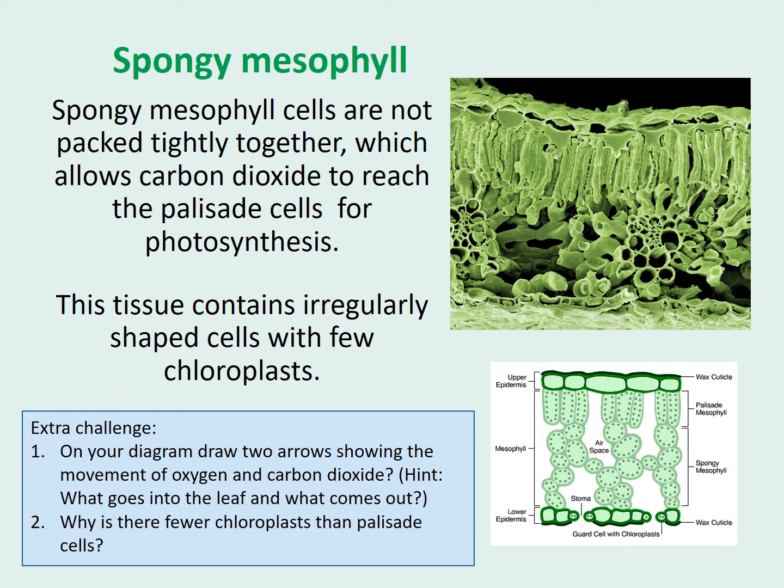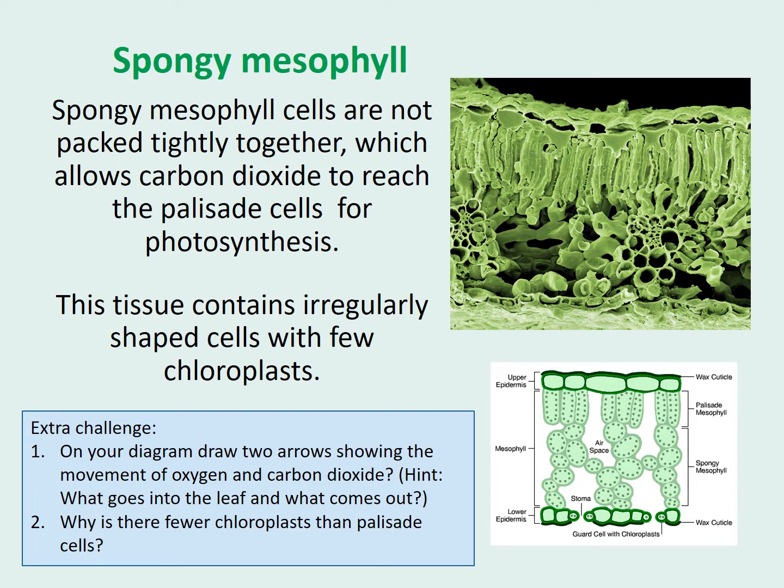Okay, so we're moving downwards now. We're going to a big chunk of the leaf, which is the spongy mesophyll layer. The spongy mesophyll layer contains spongy mesophyll cells. You can see that the spongy mesophyll cells are not rectangular. They are more circular or irregularly shaped.